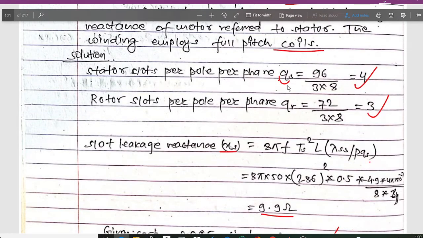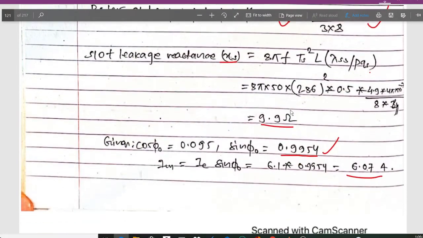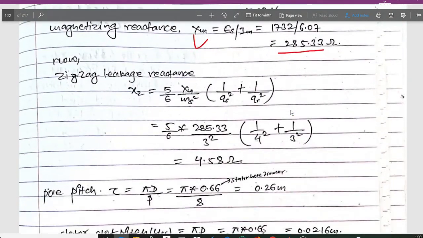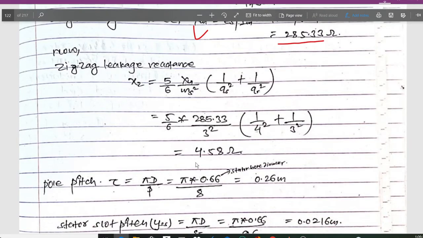On substituting all the values, we get the zigzag leakage reactance as 4.58 ohms.